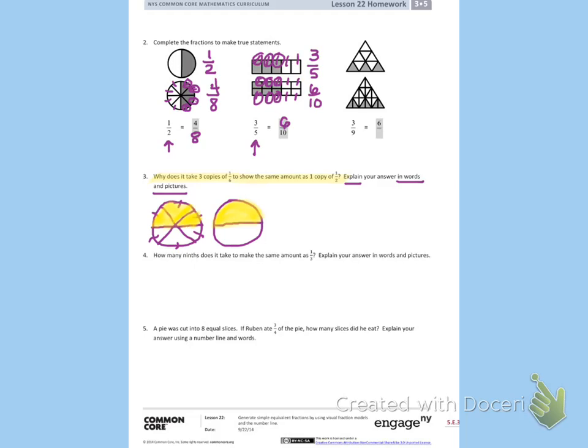What do you think? Why does it take 3 copies of 1/6 to show the same amount as 1 copy of 1/2? We need to answer that question in words.